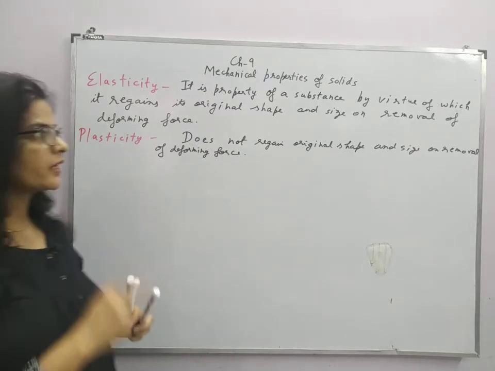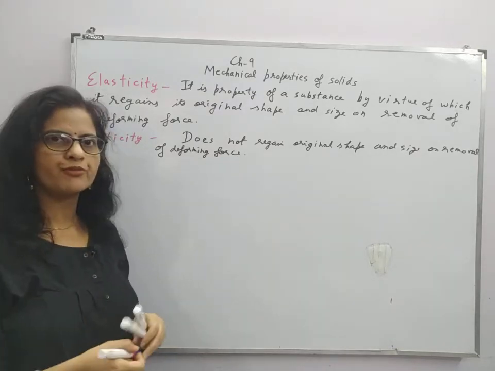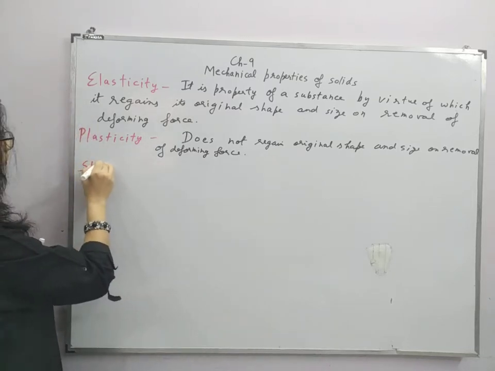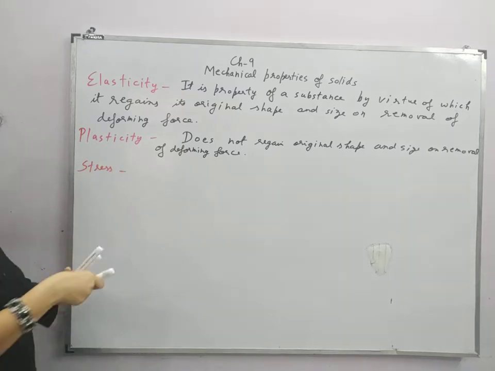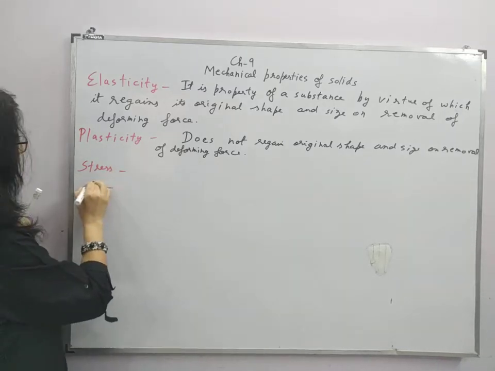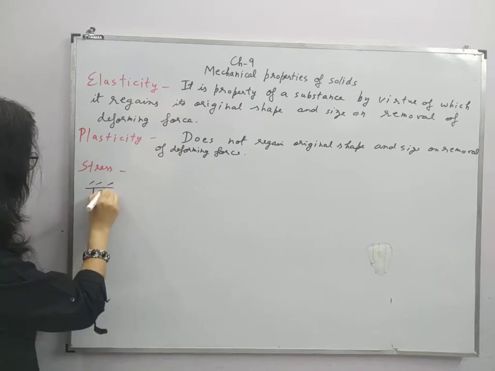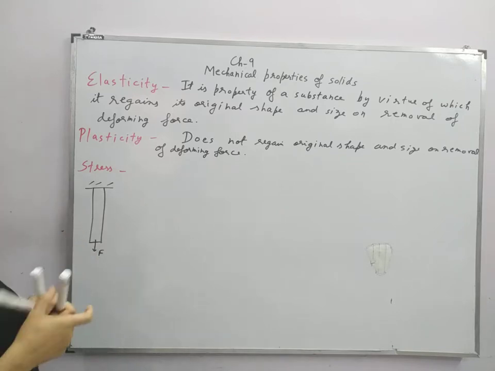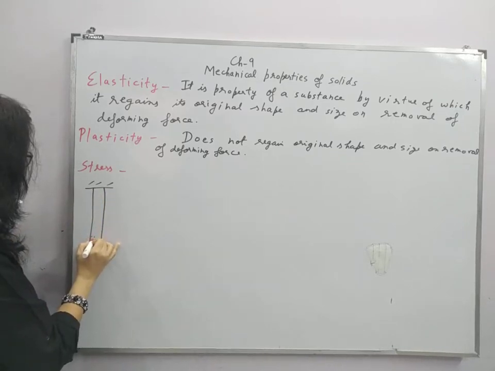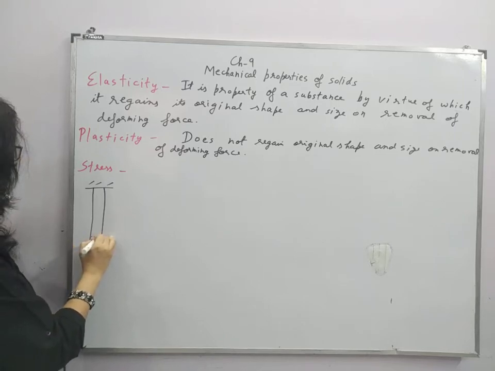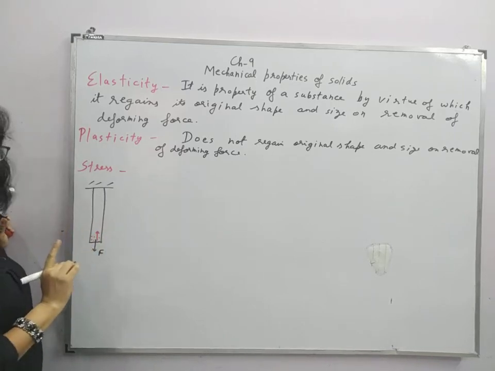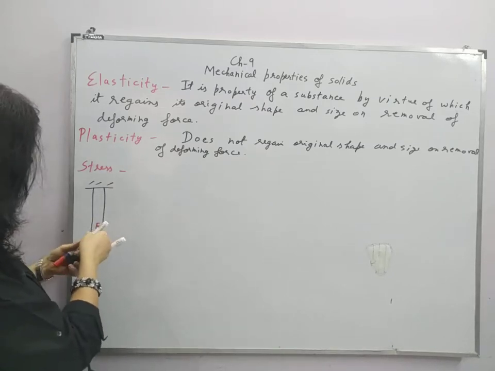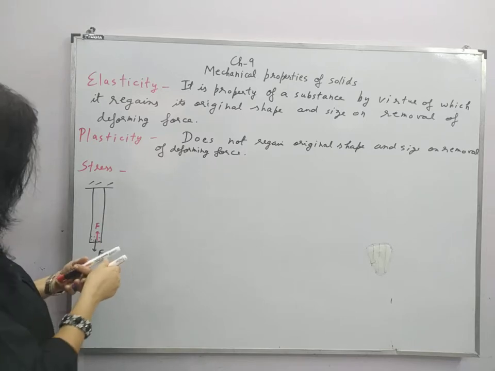Then when we are talking about deforming force, that means the concept of stress is also there. What is stress? We'll discuss here. So if we have a wire and we apply a deforming force here, what happens? The particles inside it start opposing their deformation and develop equal and opposite restoring force gradually.